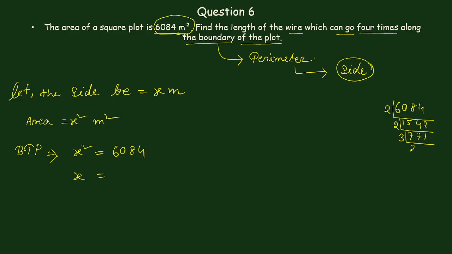3 to the 6, 1 7. Sorry, 1 7. So 3 5s are... Let me do it again. I am making a mistake here maybe.